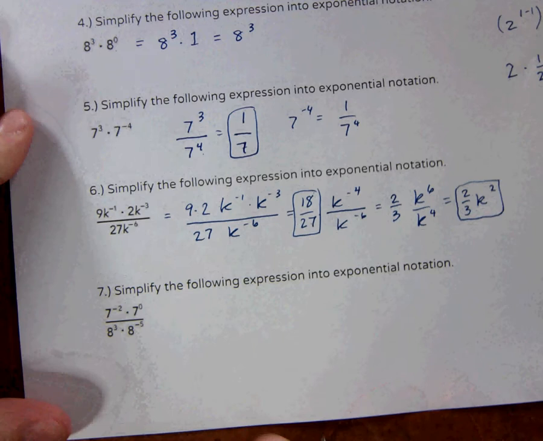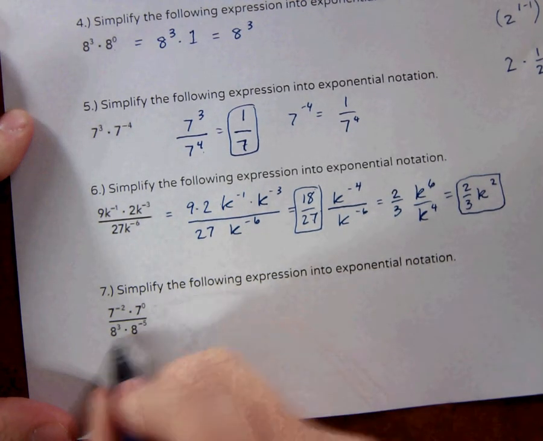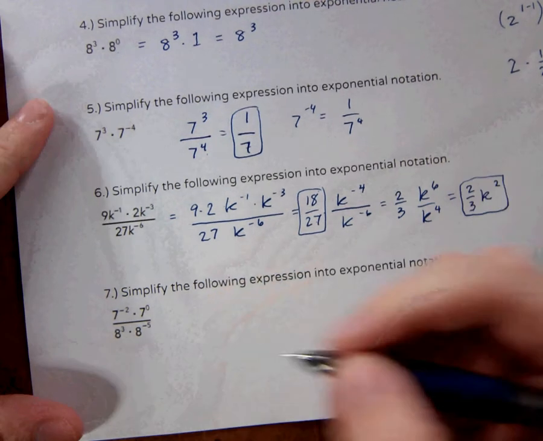Our last problem, we have 7 to the negative 2 times 7 to the 0 power over 8 cubed times 8 to the 5th power.